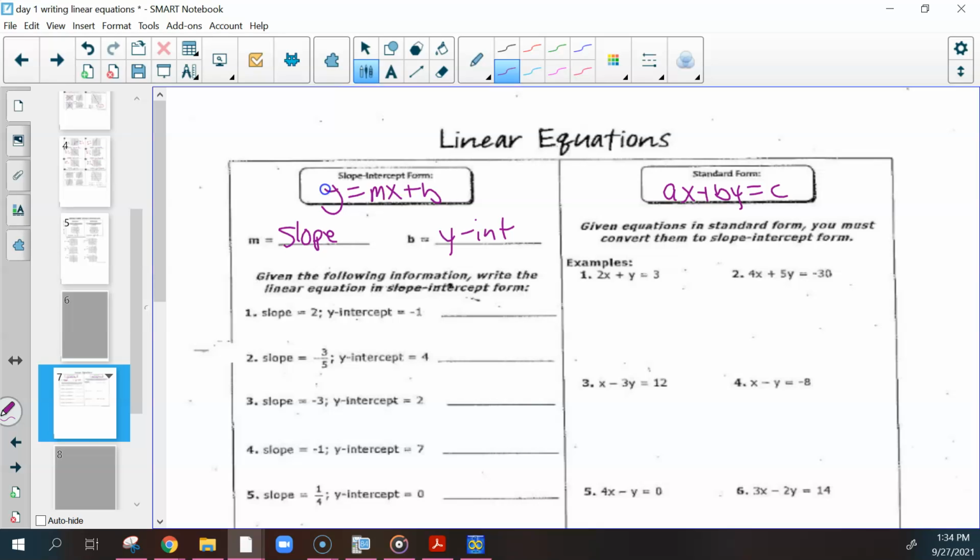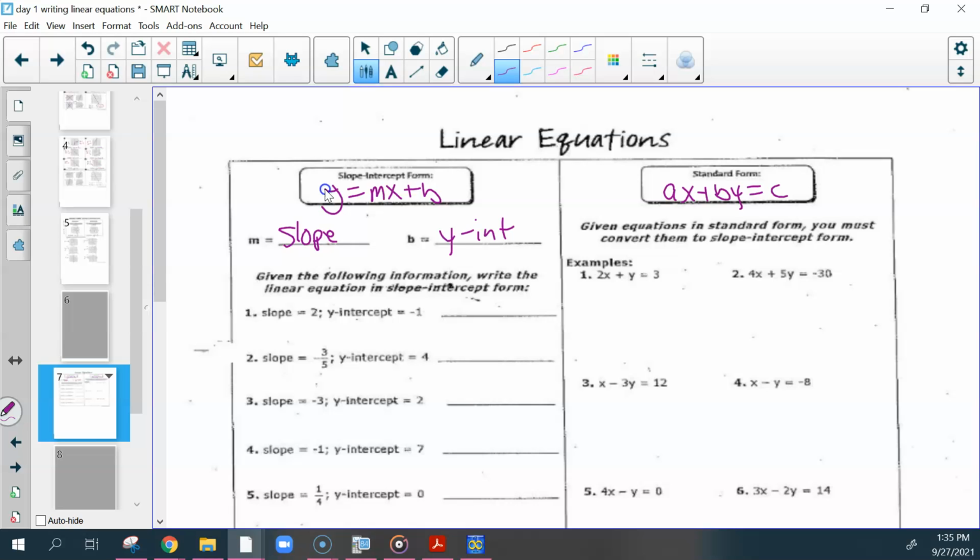On the left side of this, it's always ax plus by for the standard. On this side, it's giving you the slope and y-intercept and asking you to write the equation of the line. So kind of what we were doing with the graphs, but it gives it to you.